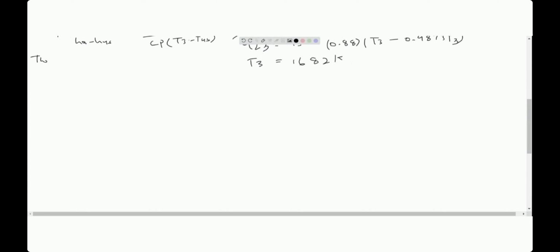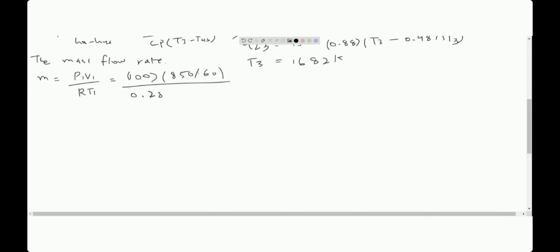Now the mass flow rate is calculated as m is equals to P1V1 over RT1, that is 100 into 850 divided by 60, divided by RT1.